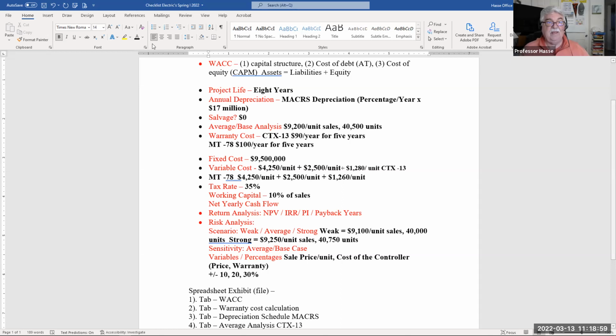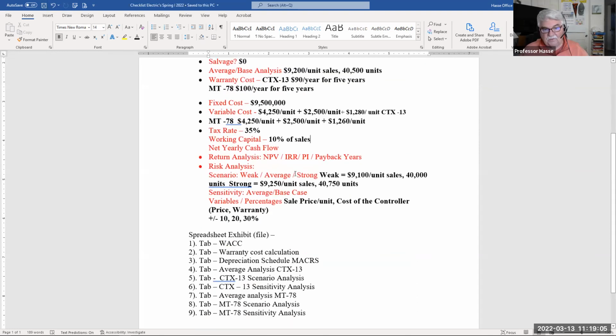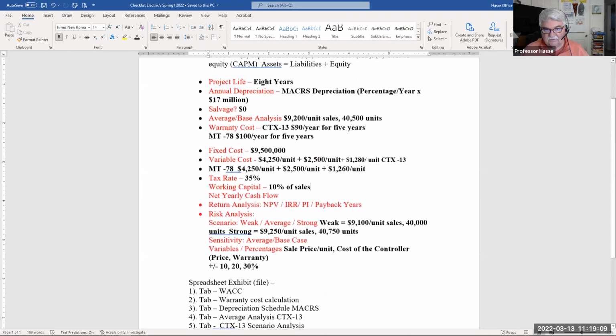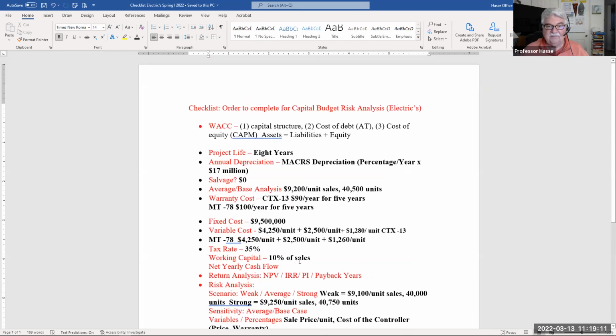With that, you now have the pieces of the puzzle to complete the analysis. You do exhibits, you have tabs in your file just like this. This is why you need to be organized and plan all this out, and that's why it takes a while to put all this together. But once you complete the base analysis, you can copy that and use it for the other things you need to do.